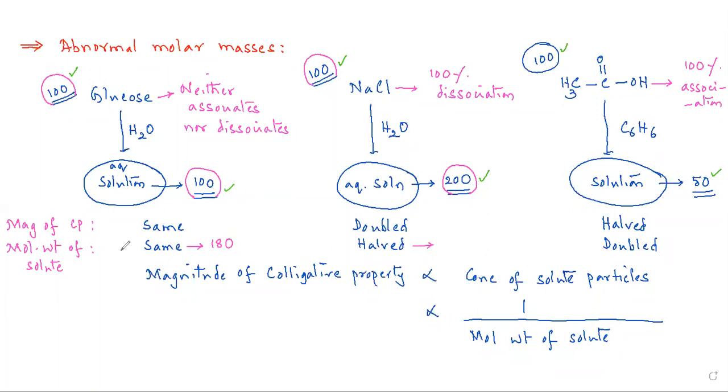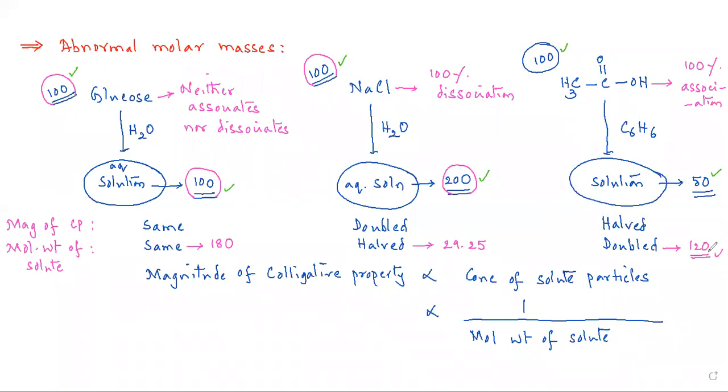In the second case, when calculated from one of the colligative properties, rather than getting 58.5, we'll be getting 29.25, right? And in the third case, rather than getting 60, we'll be getting 120.